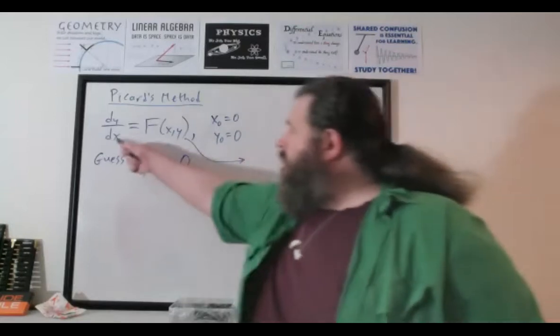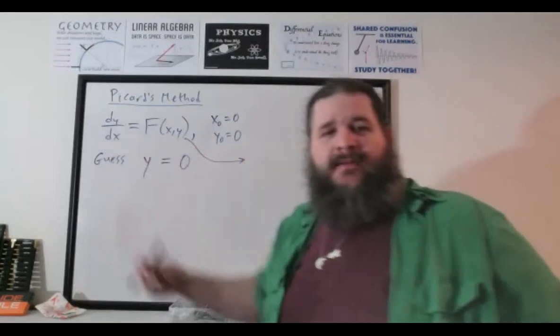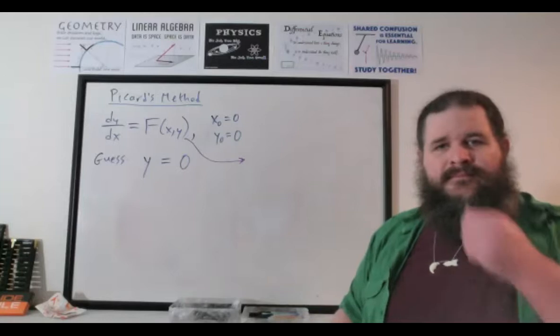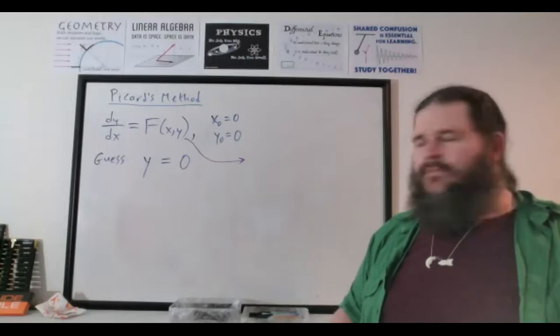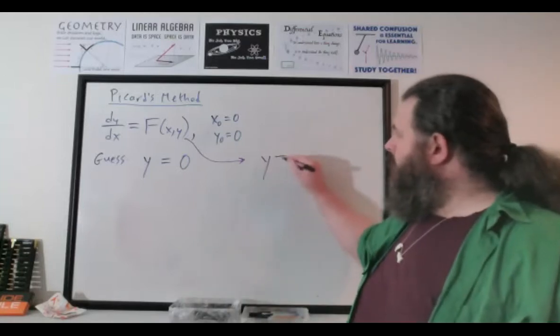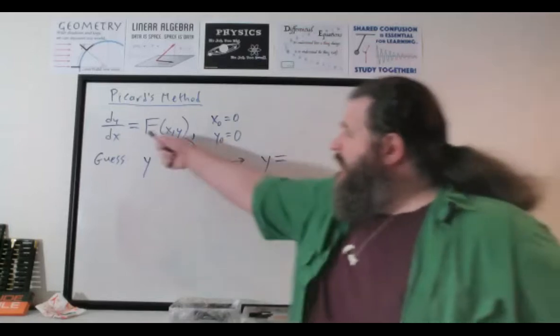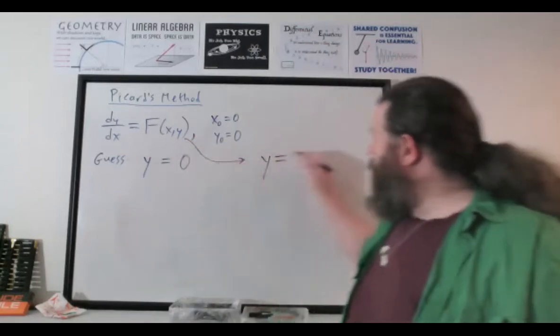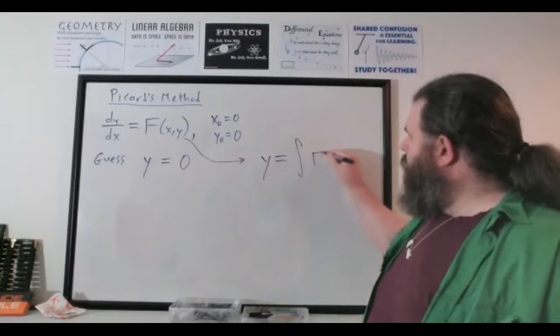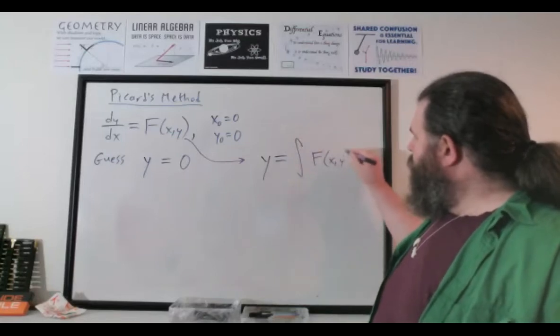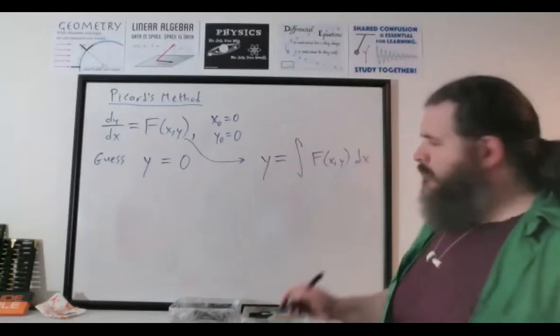Specifically, if you take the integral of both sides, what does the left side become? Just y. Yeah, just y. So y should equal the integral of all this stuff with respect to x.